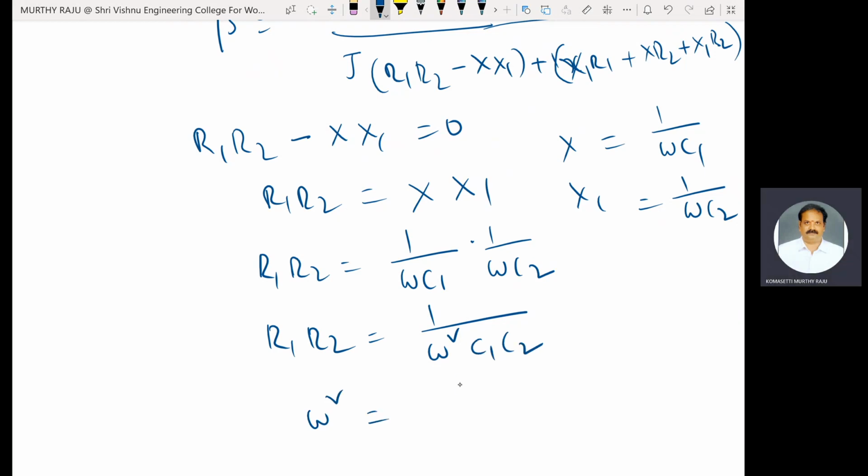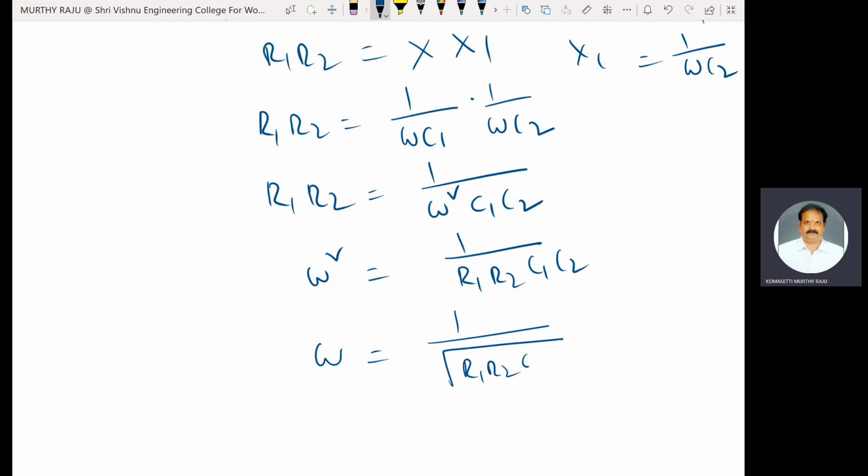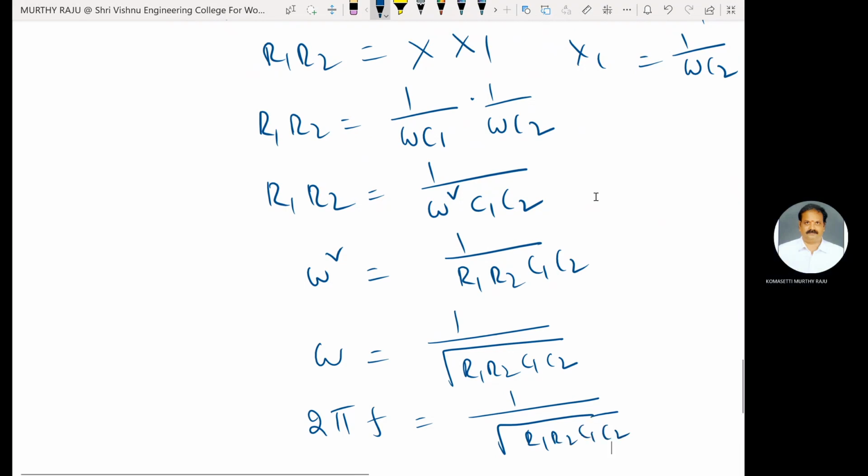Omega square is equal to 1 by R1 R2 c1 c2. That is, omega is equal to 1 by square root of R1 R2 c1 c2. Omega is equal to 2 pi f, so 2 pi f is 1 by square root of R1 R2 c1 c2.